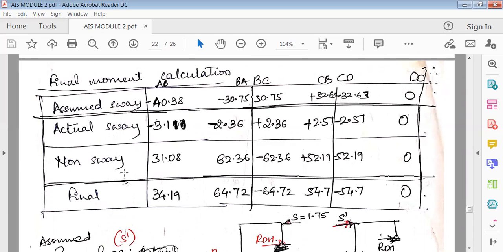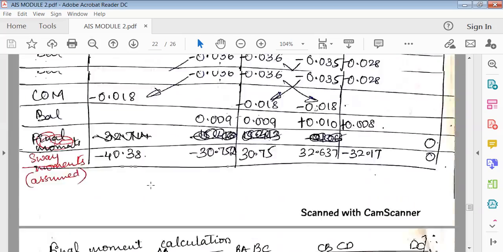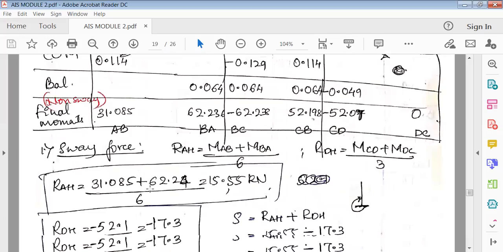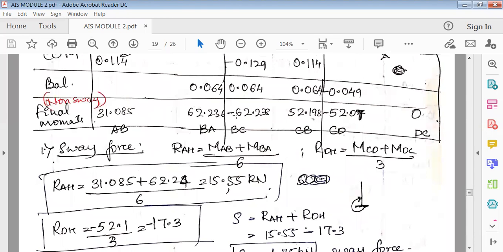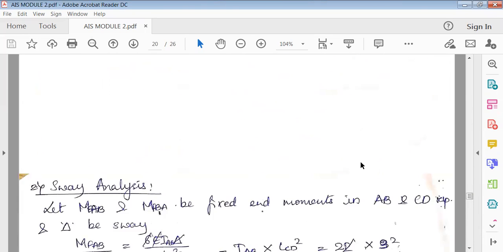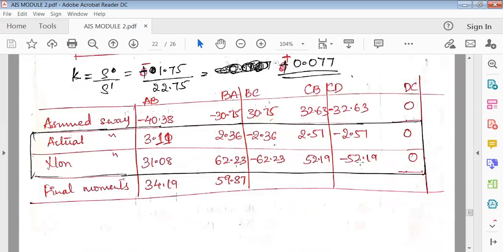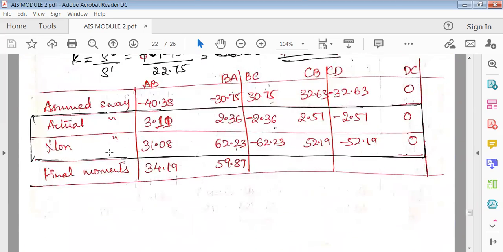Then the non-sway analysis. In the non-sway analysis, we've already got the non-sway moments here, which is what we did initially. So these are the values you have to take now, the non-sway. Write all this. Then, in the end, if you want to find the final moments, it is nothing but actual moments plus non-sway moments.